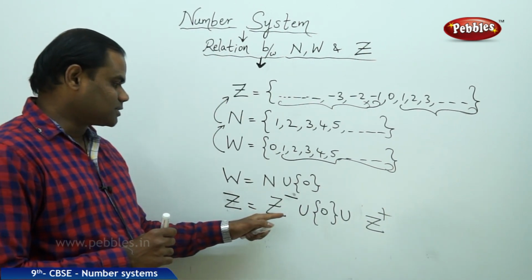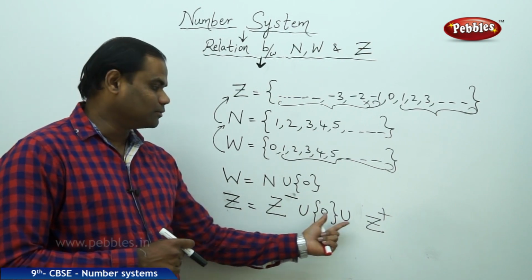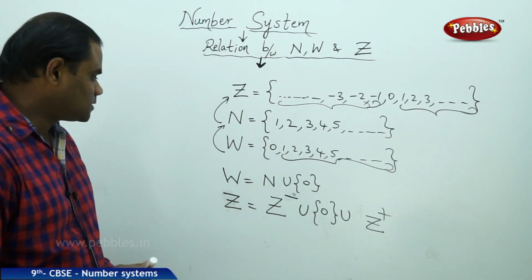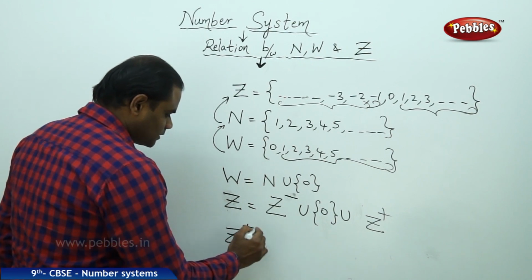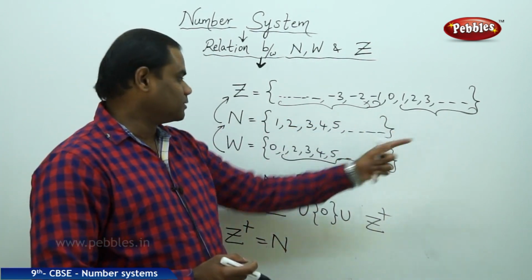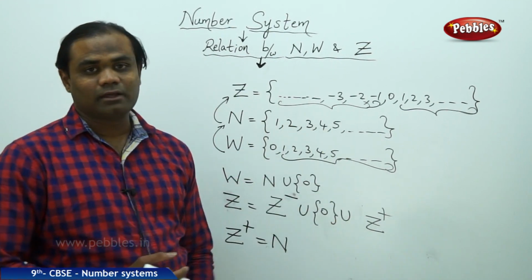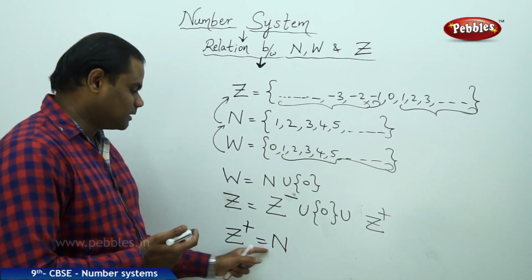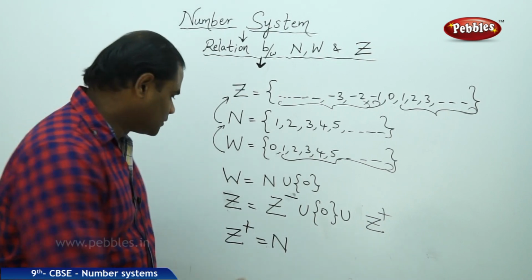Now the set of integers is the union of the set of negative integers, union singleton 0, and union the set of positive integers. With this, I clearly see that the set of natural numbers is nothing but the set of positive integers, because the natural numbers match with Z plus, as Z plus is 1, 2, 3, 4, 5 and the set of natural numbers is also 1, 2, 3, 4, 5, etc. So Z plus is N and Z minus is the set of all negative integers.